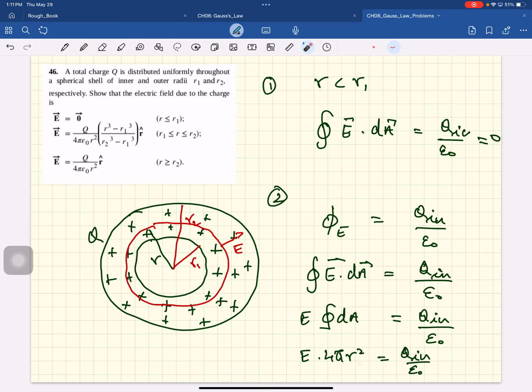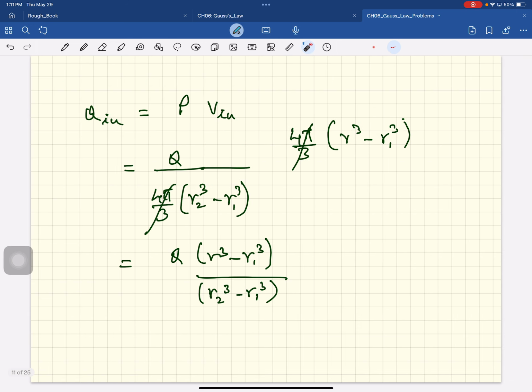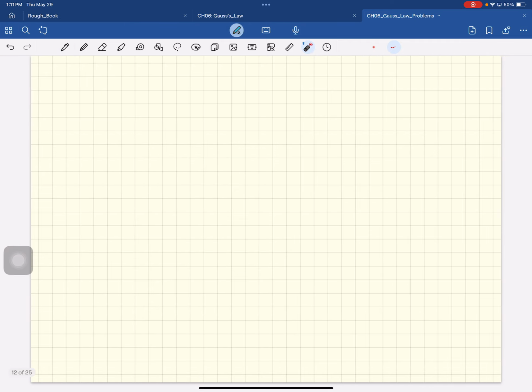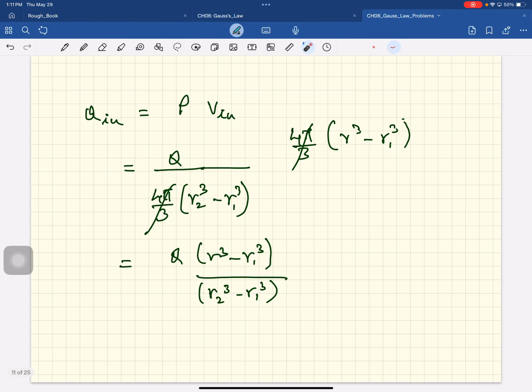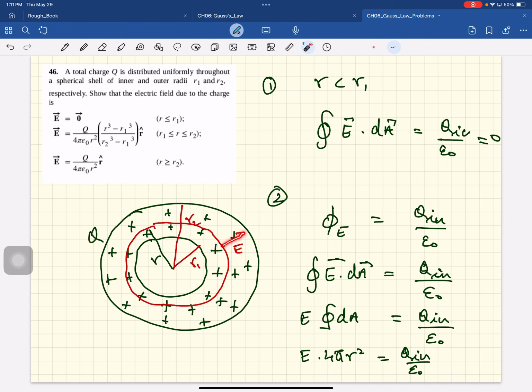So there we go. The electric field is Q inside divided by 4 pi epsilon naught R squared. So this inside charge is acting like a point charge. What we are saying is the electric field there is due to this charge, which is acting like a point charge.